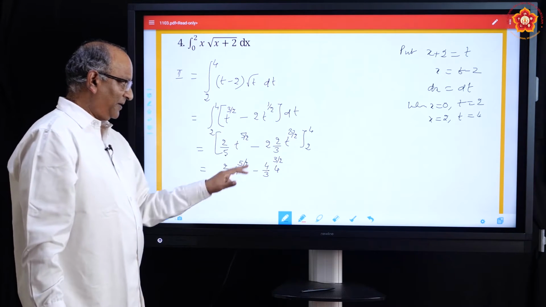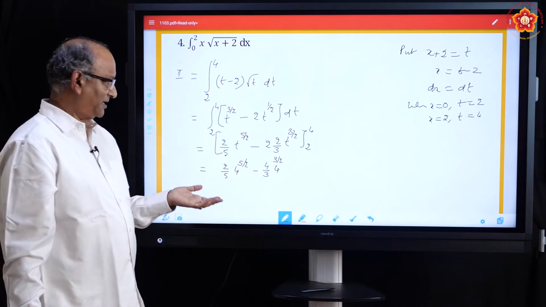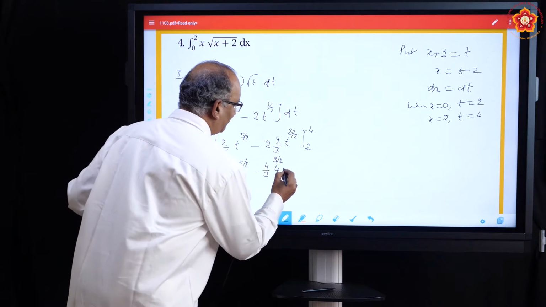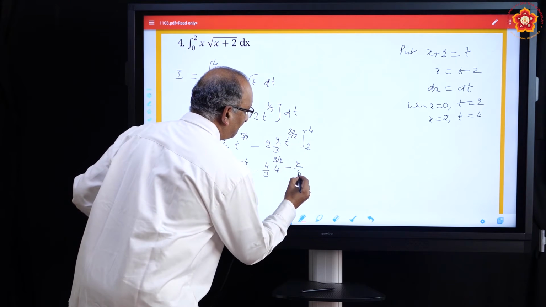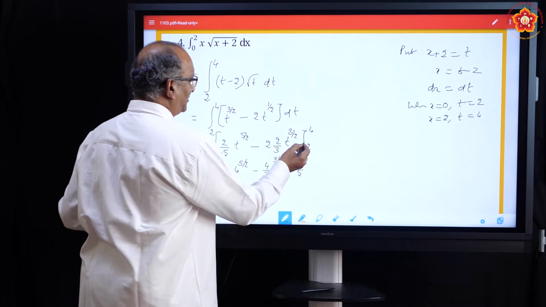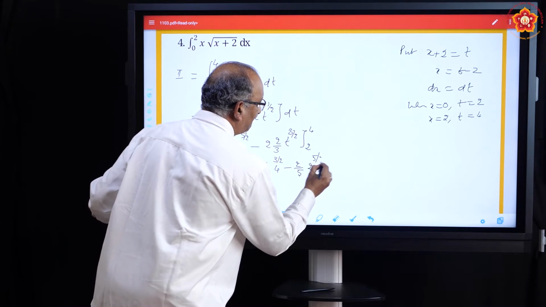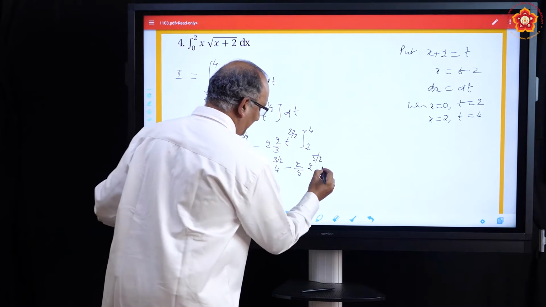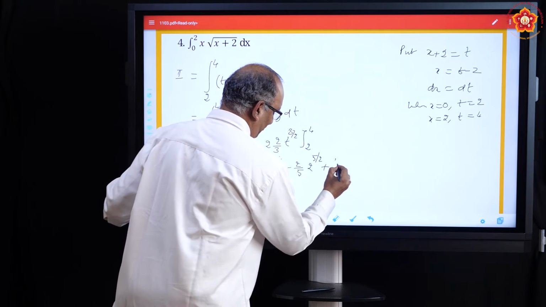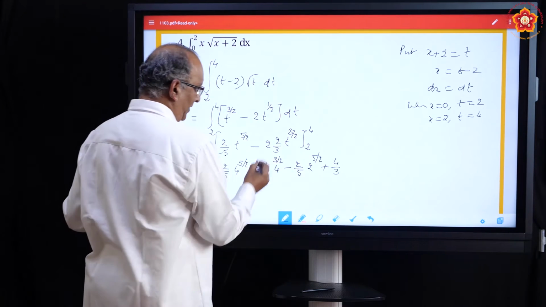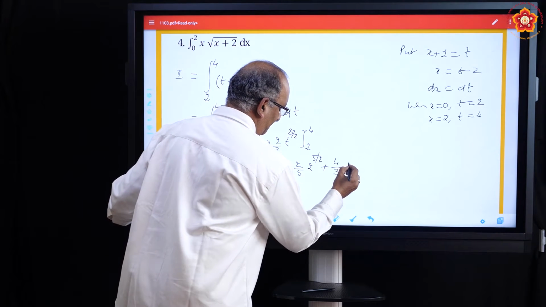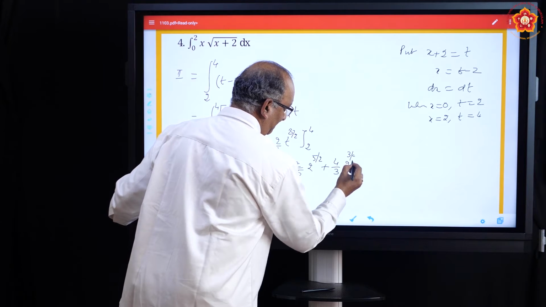We have substituted the upper limit, minus the lower limit. So minus 2 by 5 t to the power, t is what? 2. 2 to the power 5 by 2. This minus will become plus and you will have 4 by 3, 2 to the power 3 by 2.